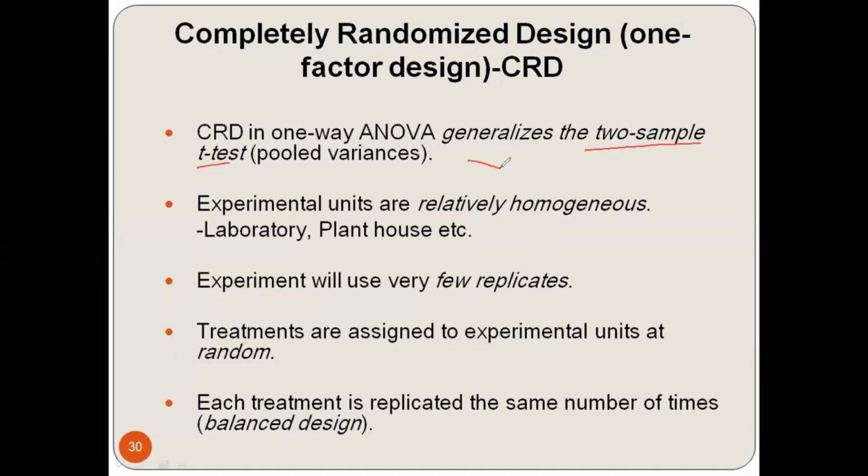But if it is more than 2 samples, right, then we go for ANOVA. If it is more than 2 treatment cases, more than 2 means it can be 3, 4, 5, but all are independent.